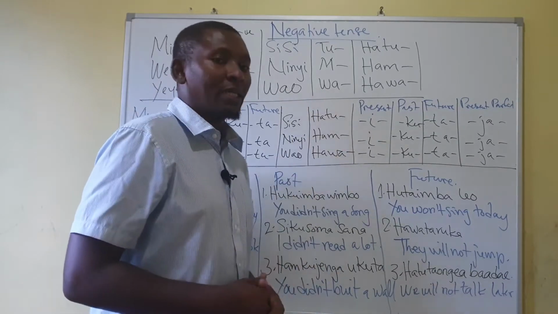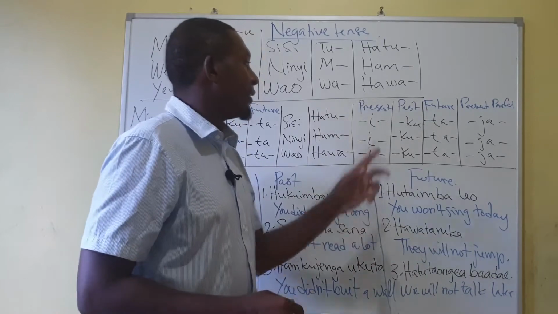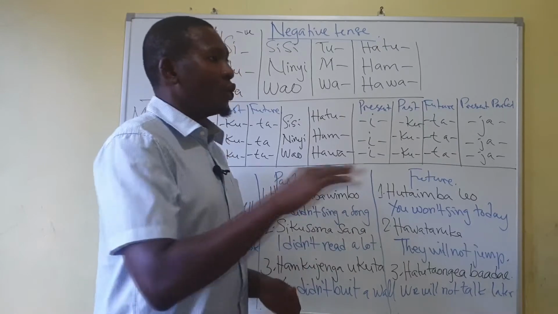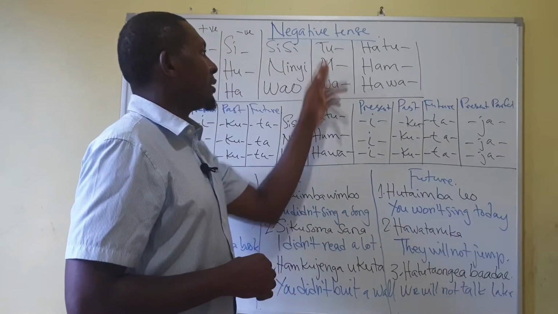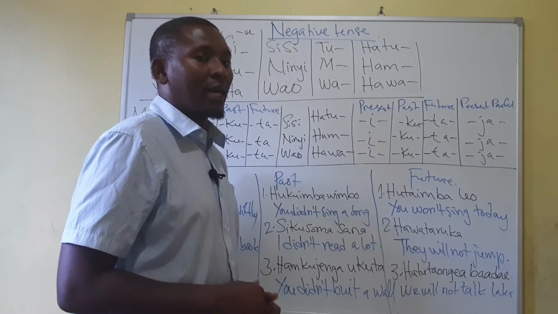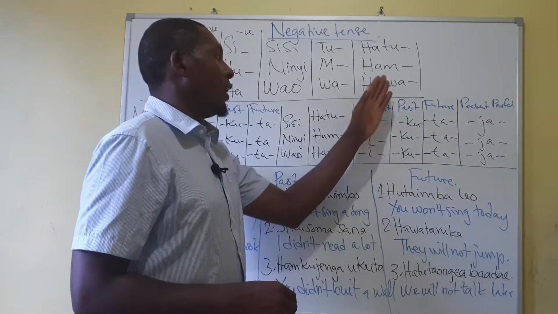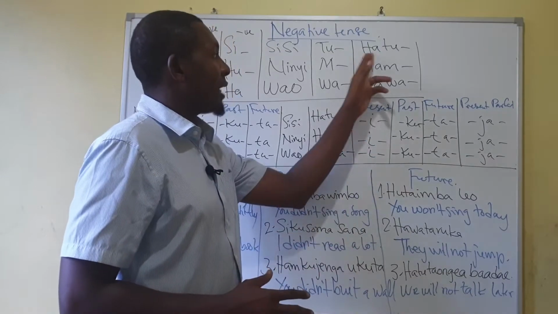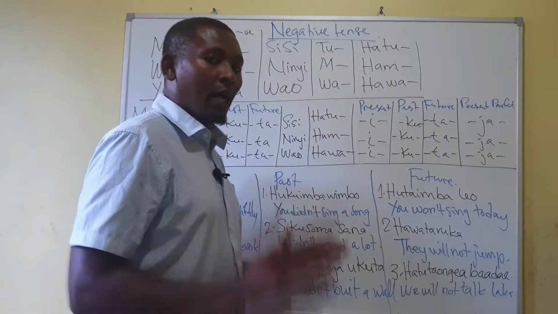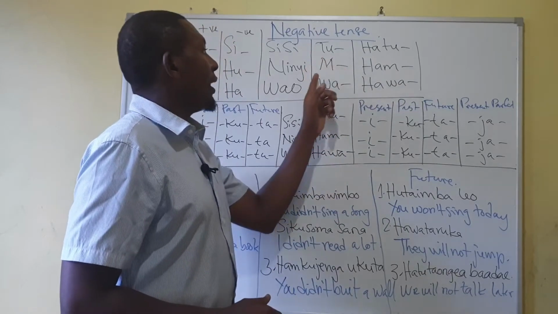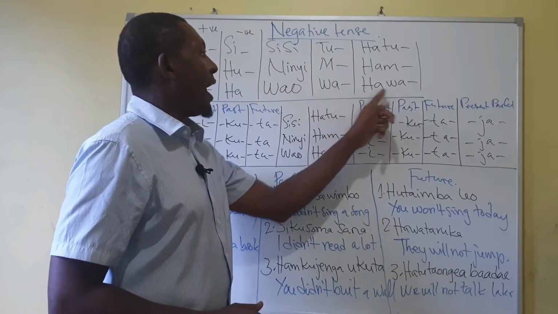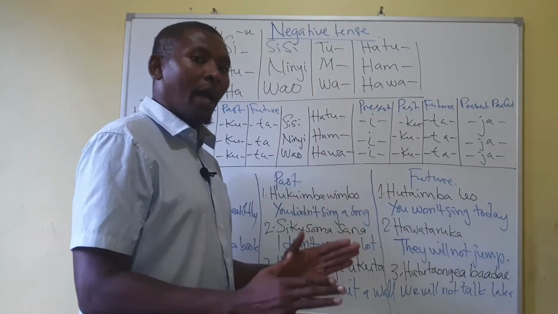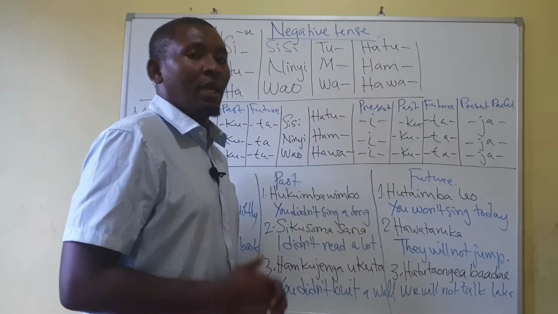In positive, it is represented by wa, but in negative, it's represented by hawa. So what you do here, from these three on the plural side of personal pronouns on negative, you only have to add this ha here. Like ha-tu, ha-m, ha-wa. You leave them right where they are, but you add ha.